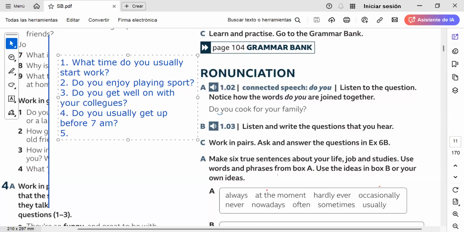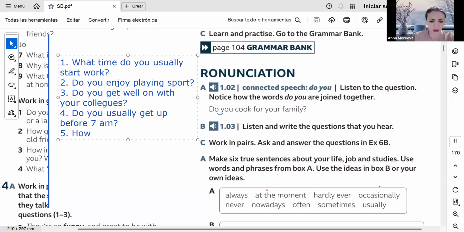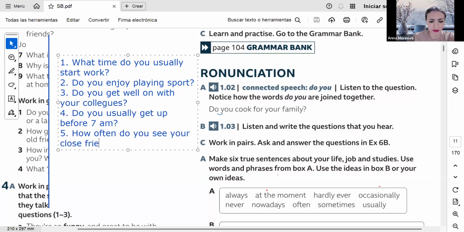How often do you see your close friends? Okay, how often, we don't return. How often do you see your close friends? Let's listen again and repeat them, practicing the pronunciation.